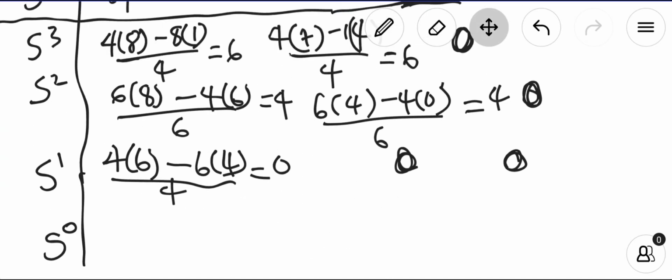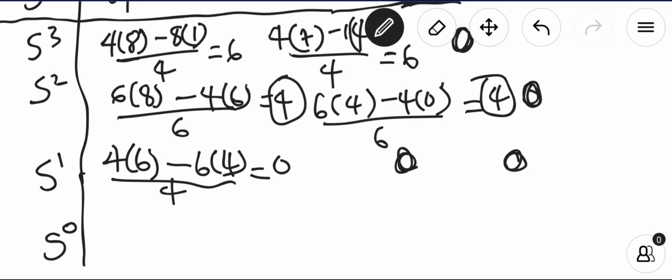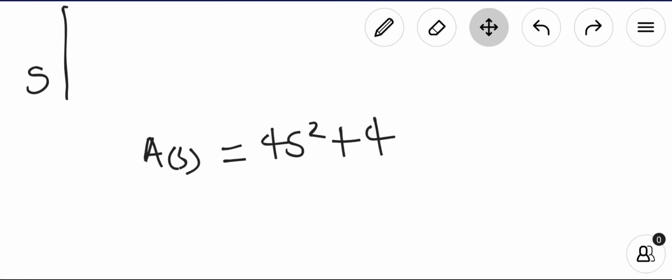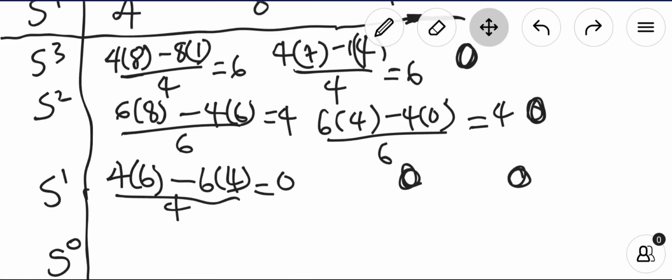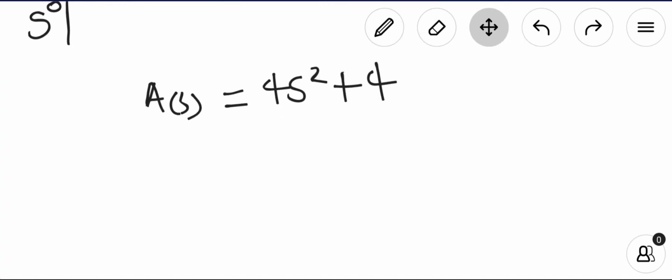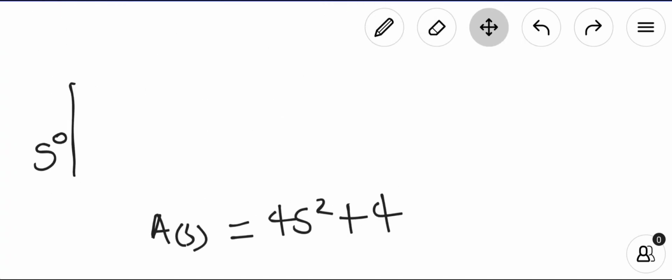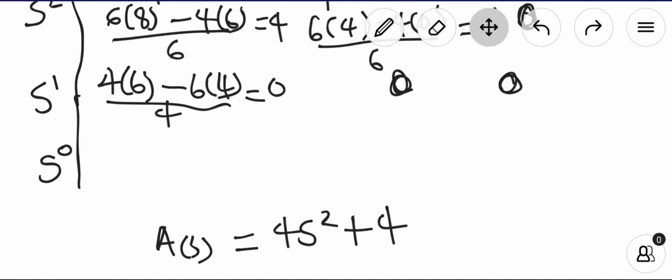From here, normally we know that this will be 4s squared, then you skip one of the coefficients and then you go for the next. So this is it.